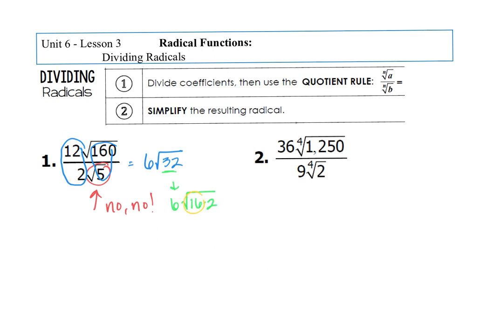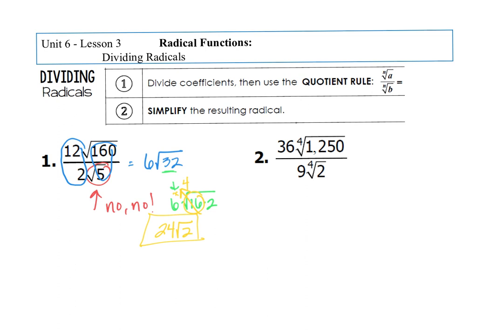Because 16 is a perfect square, we can square root that factor of 32. The 16 comes out as a 4. Because there's already a 6 on the outside, they multiply. 6 times 4 is 24, and we're left with the square root of 2 as a remainder. There is no denominator to even worry about, so we are all good. 24 square root 2 is a simplified answer.